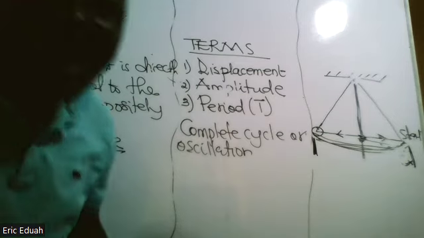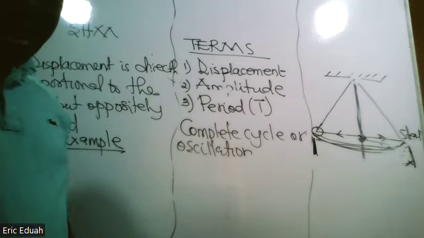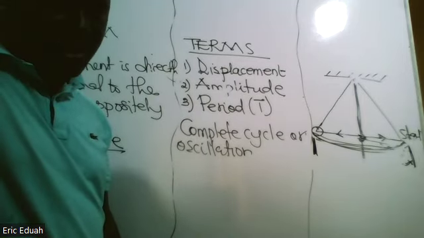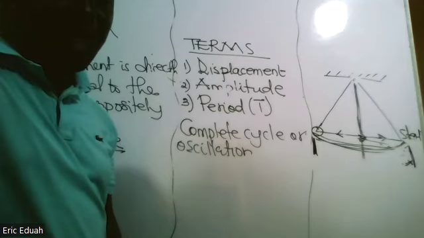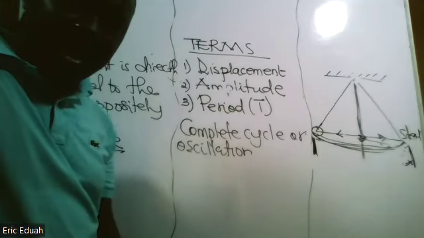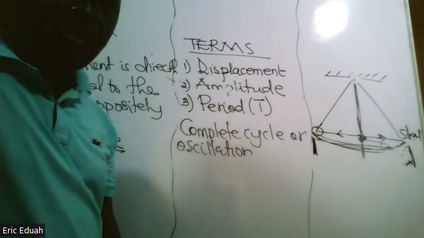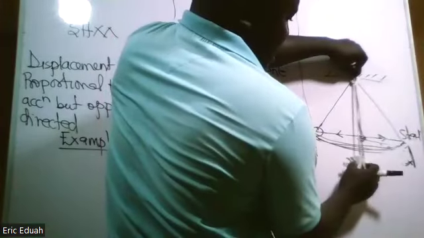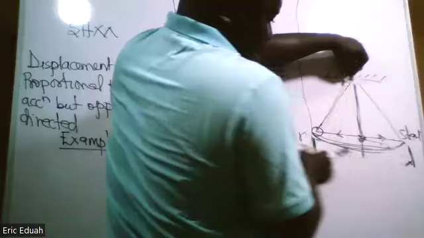Now, the time taken for an oscillating body to make a complete cycle is what we call the period. So the period is defined as the time taken for an oscillating body to make one complete cycle. So it's moving from here, coming to one extreme, then returning.